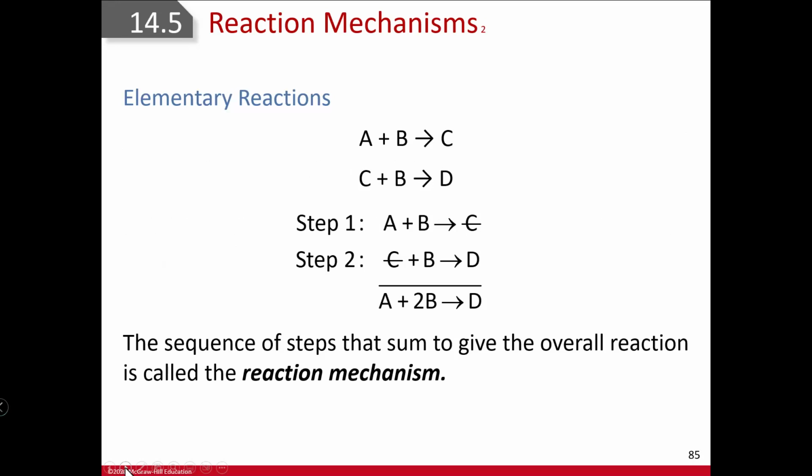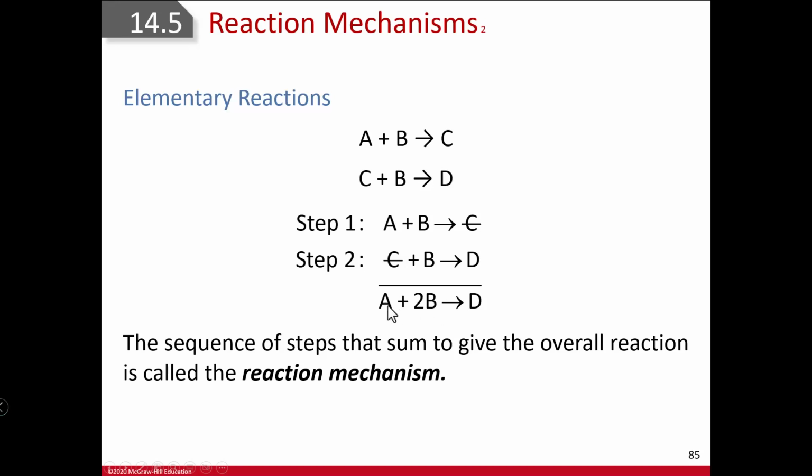So, for example, A reacts with B and forms C. That's one step. And then when C is formed, it reacts with B and it forms D. So what we see as the overall balanced chemical equation is A plus 2 moles of B form D, but that's not how it actually formed.